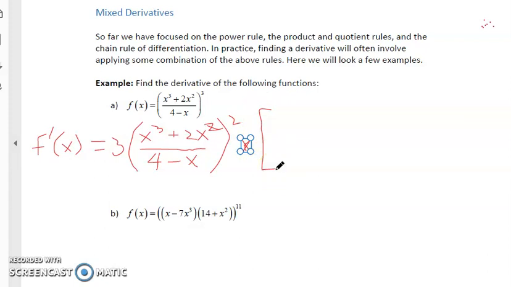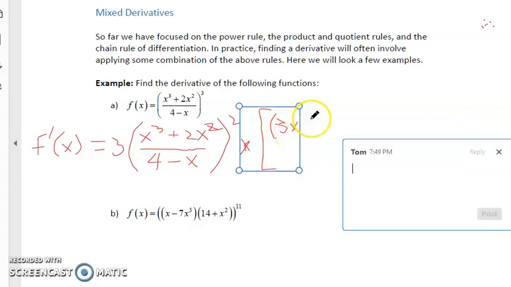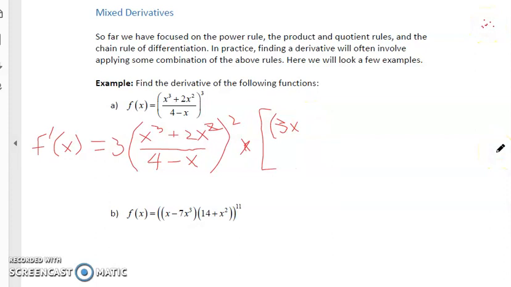The quotient rule says we take the derivative of the top, so that would be 3x squared plus 4x. So there's the derivative of the top times the bottom, 4 minus x.